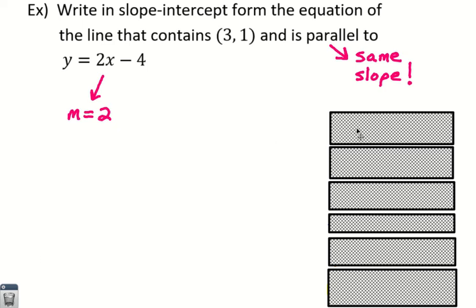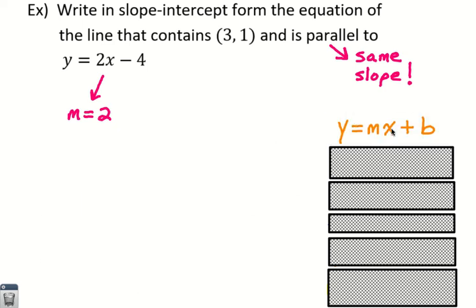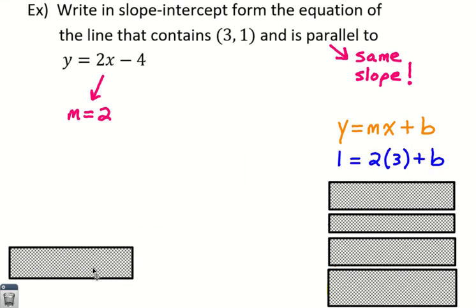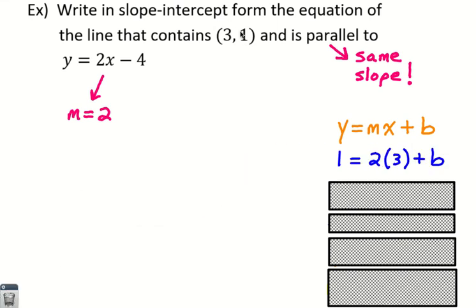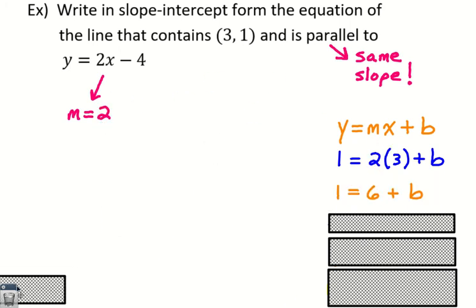M equals 2. So, again, we're going to build our equation from scratch by using the point 3, 1, and we're going to use the slope of 2, to build our new equation.